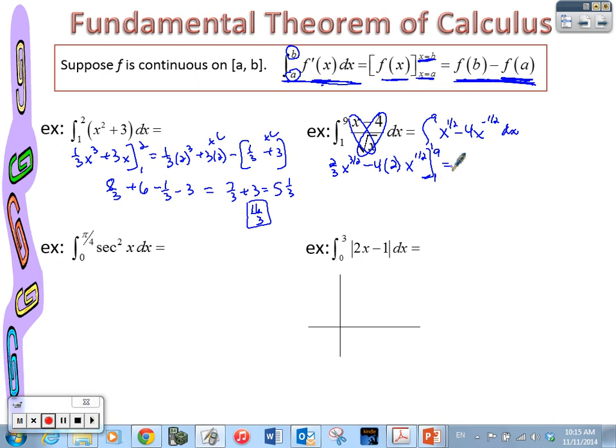So I'm going to substitute the 9 in first. So 2/3, 9 to the 3/2 minus 8, 9 to the 1/2 minus. Now I'm going to sub a 1 in. We just really like ones. 2/3 minus 8. Now, some of you are probably familiar with evaluating fractional exponents, and some of you are probably not. So we need to discuss it.